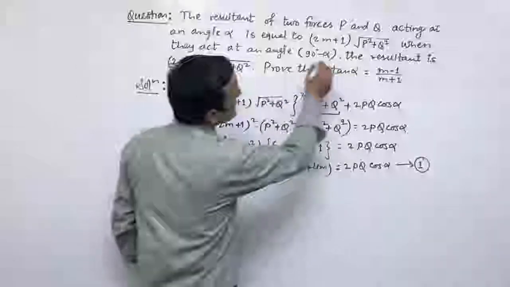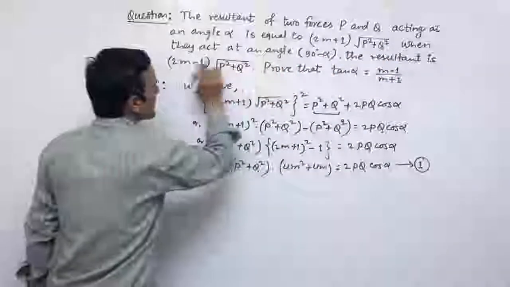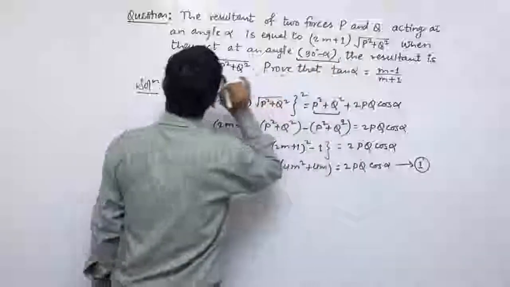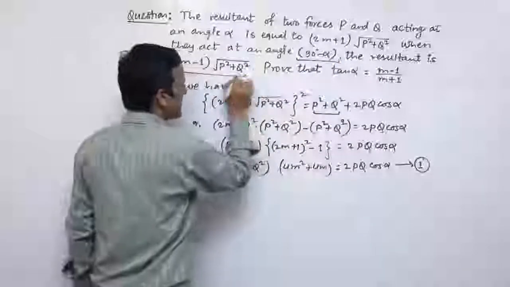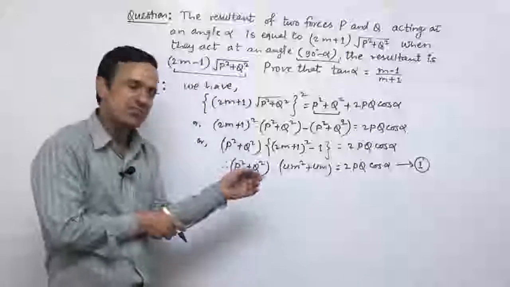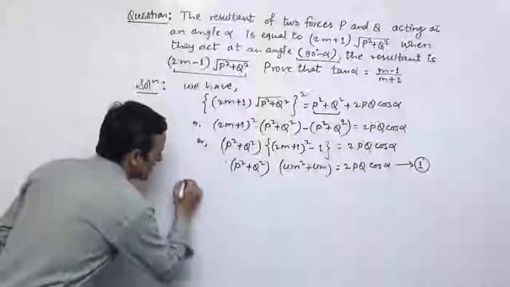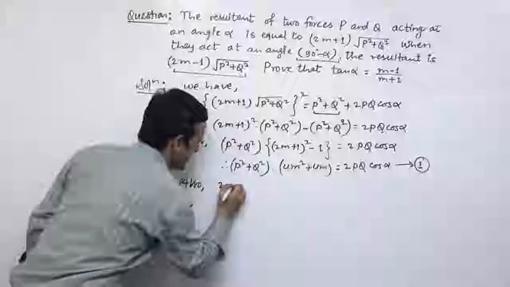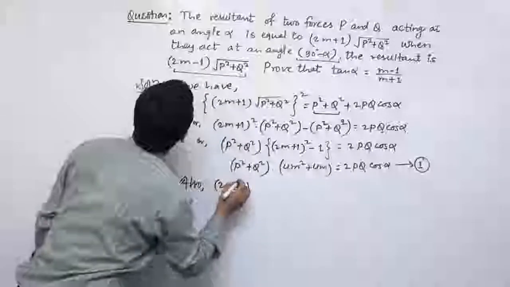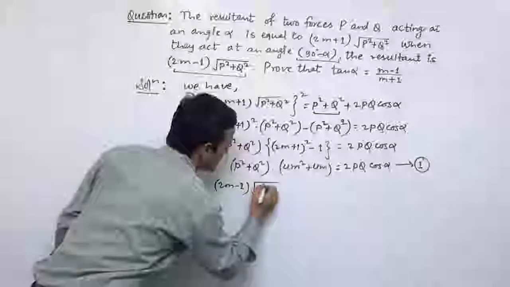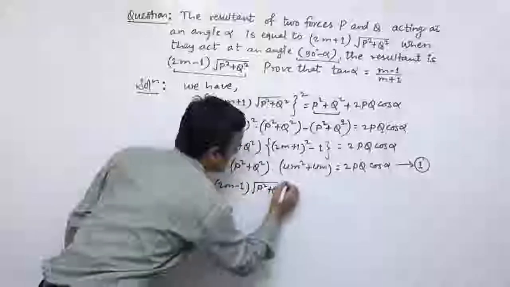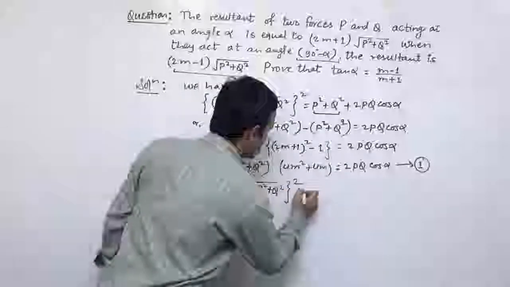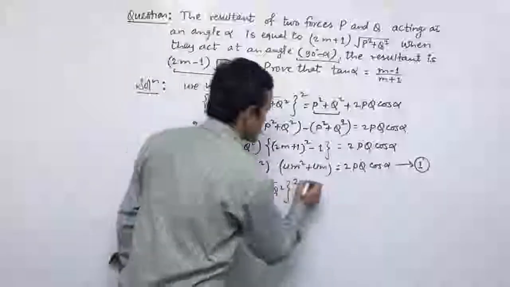Now let's use the second condition, where the angle is 90 minus alpha and the resultant is this one. These two terms are different here. So the resultant is this one, 2m minus 1 root under p square plus q square, r square by r square is equal to 2pq.